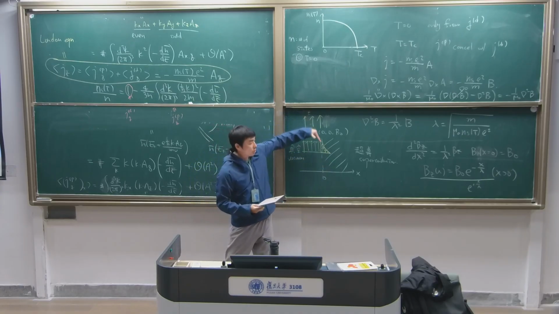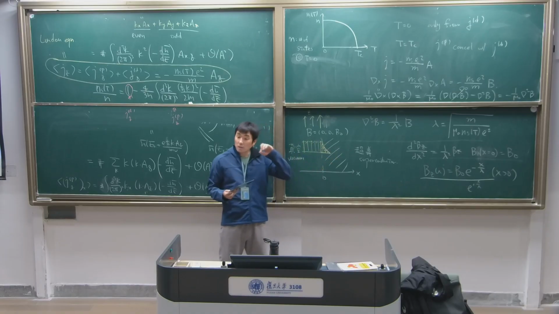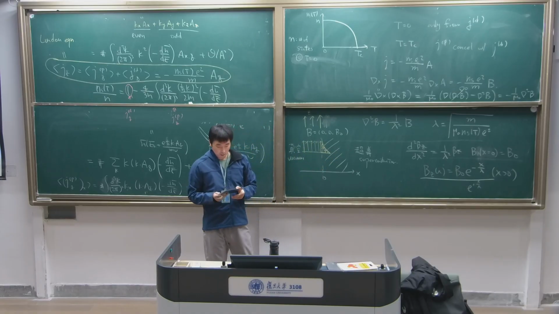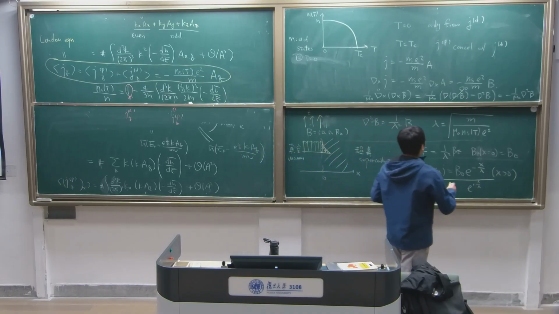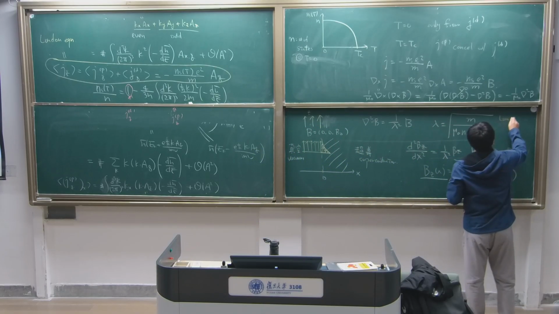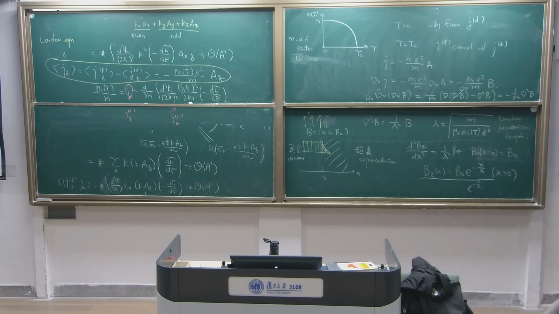So the amplitude of the B field just decays. For example, the magnetic field is screened inside the superconducting material. Okay. And then this lambda is called the London penetration depth.